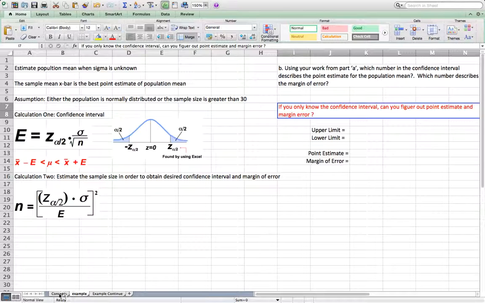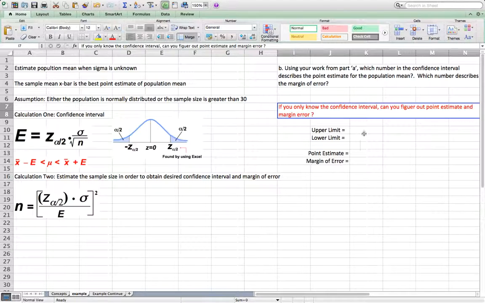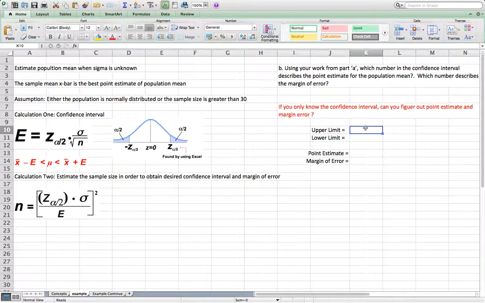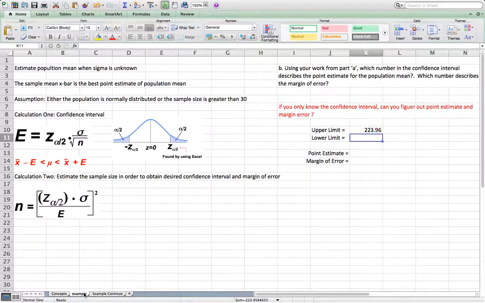Let us copy over the confidence interval to here. The upper limit is 223.96. The lower limit, let us copy over, is 216.04.